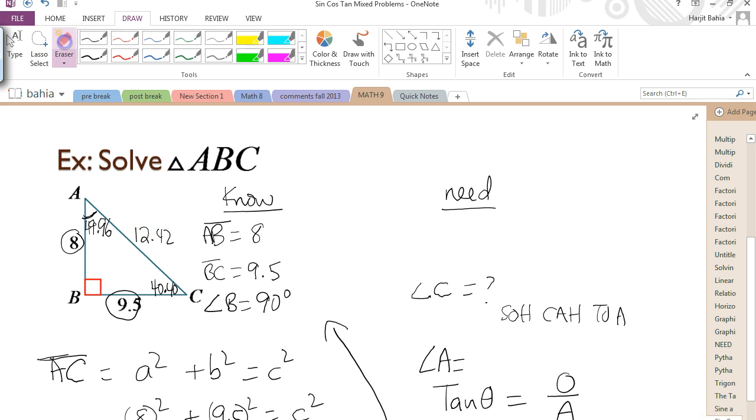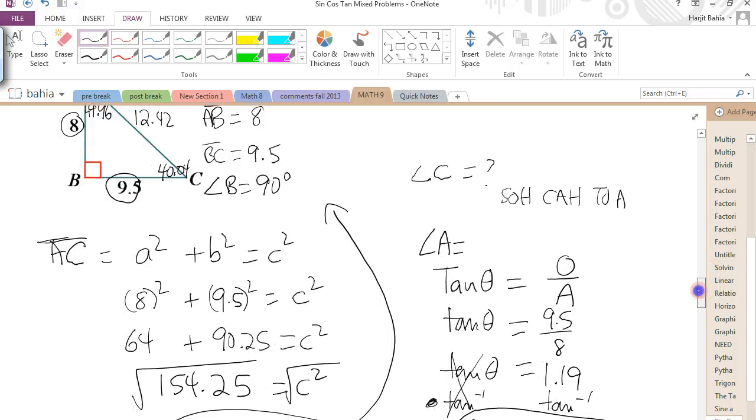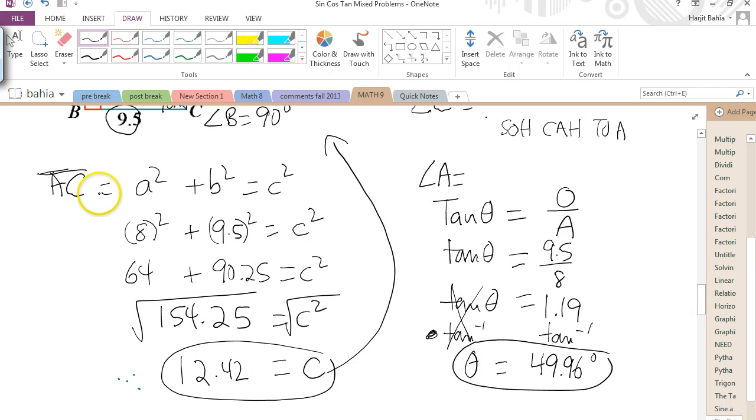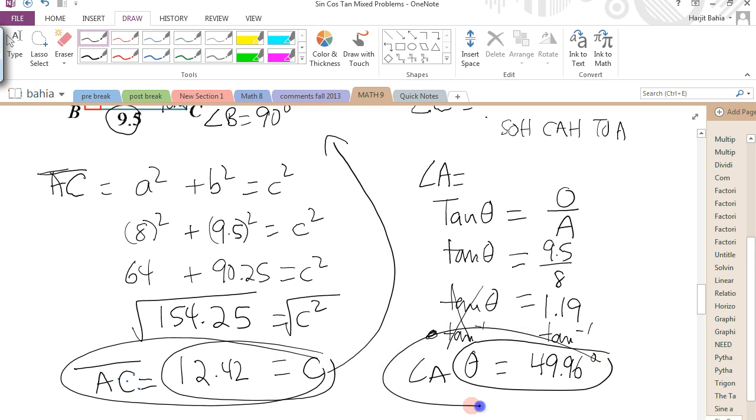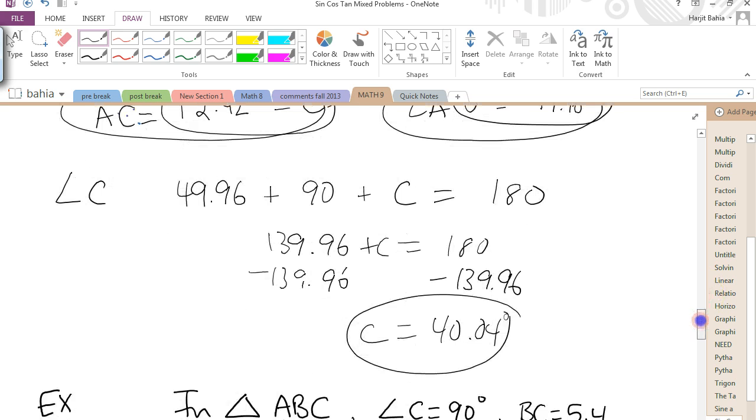And we're done. It's all labeled. Because it's a lot of work, if you could just label at the end what everything is, it's easy for me to see. So side AC is 12.42. Angle A is 49.96, and angle C, we figured out using the other rule, was 40.04.